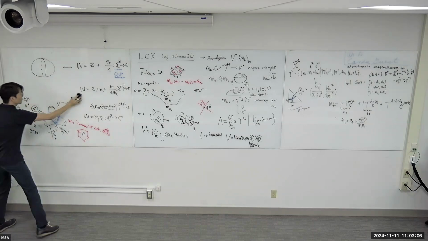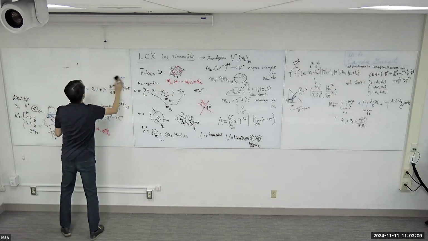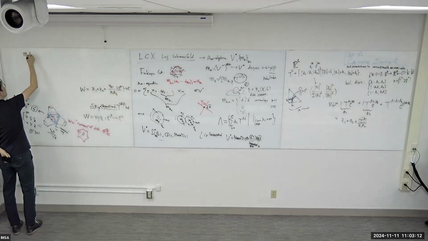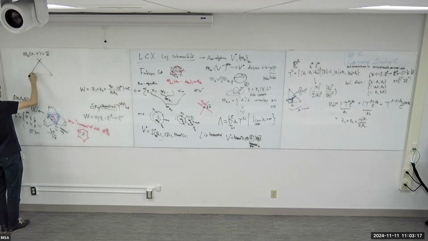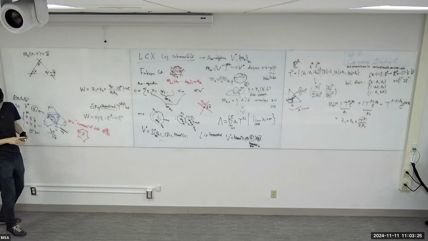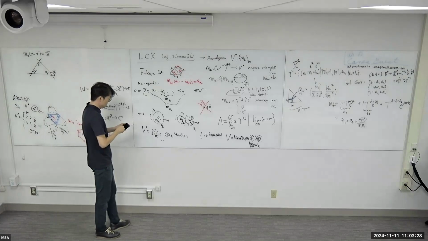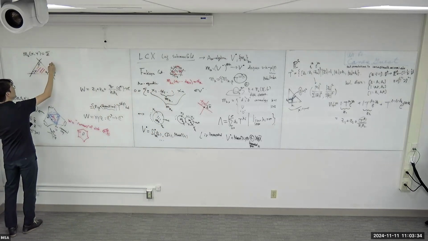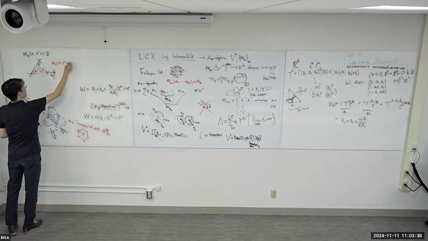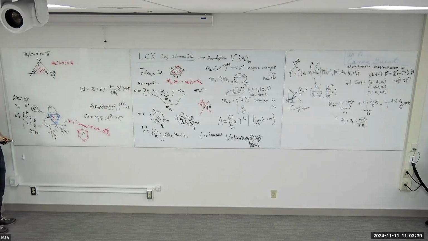What I'm saying is m2 of x, y is z bar because there's x, there's y, this is z, and the complementary is z bar, and from this rule, this triangle defines m2 of x, y. So the product of x, y is z bar, and so on.